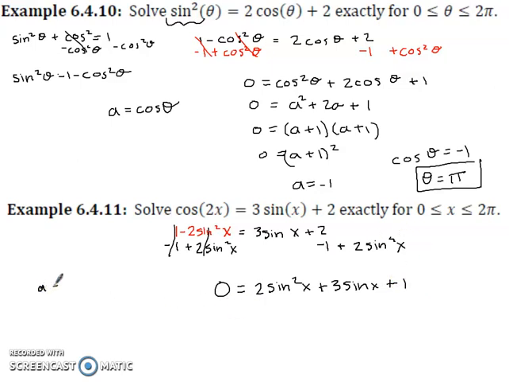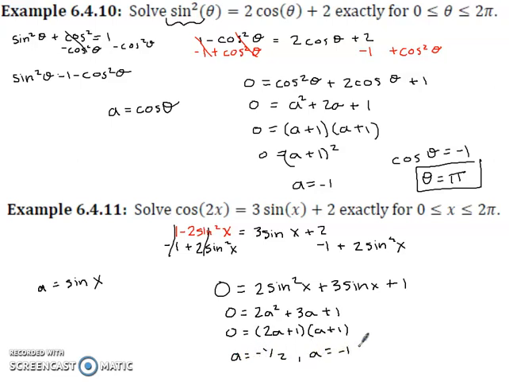Factoring, I can let a be equal to sine of x. So I've got 0 equals 2a squared plus 3 times a plus 1, which factors into 2a plus 1 and a plus 1. So then I find that a is equal to -1/2, or a is equal to -1.